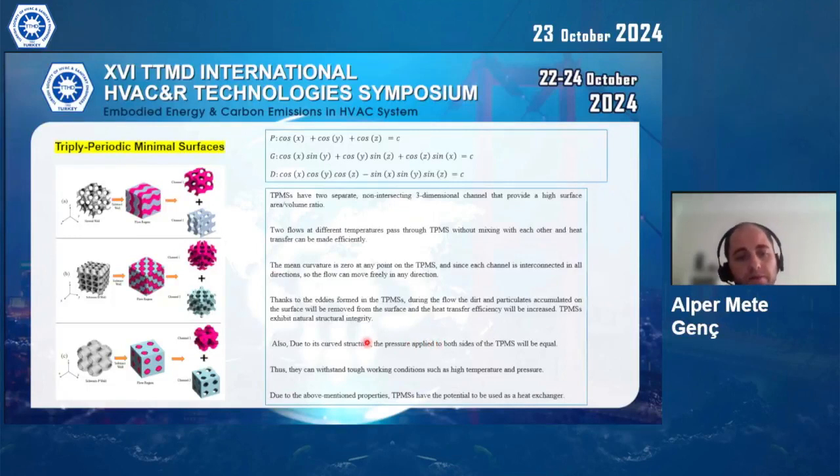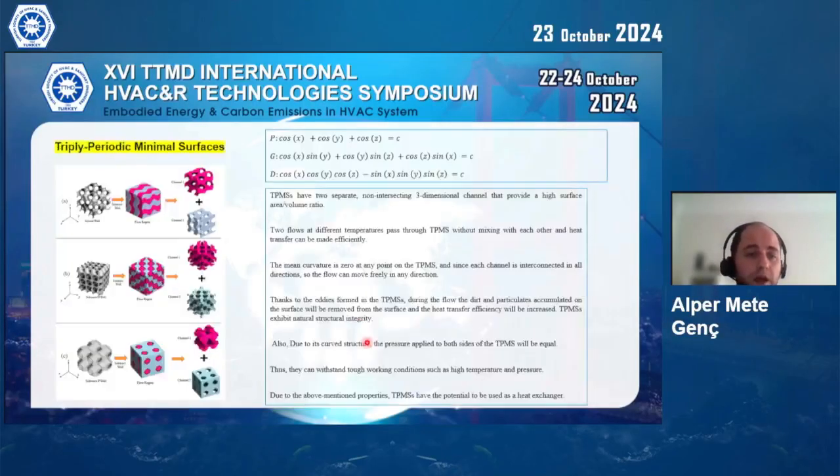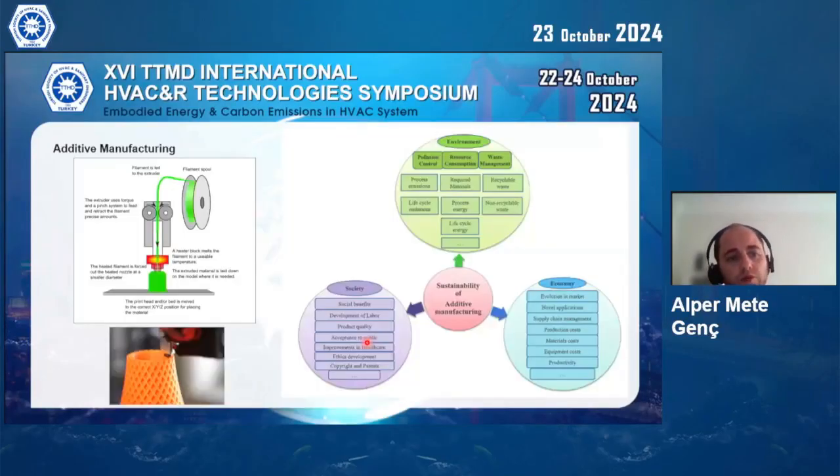Due to the above mentioned properties, TPMS have the potential to be used as a heat exchanger. However, this kind of structure cannot be produced by traditional methods, such as metal forming, turning, or forging. So we need to use additive manufacturing methods.